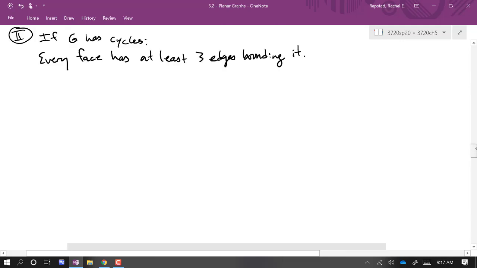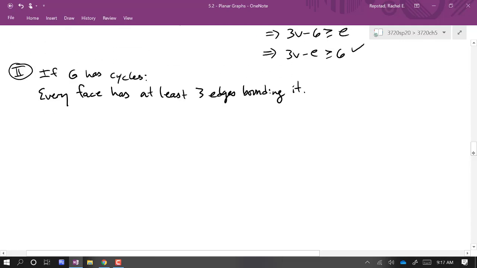And as we observed in the last result, each edge is a boundary for at most 2 faces.